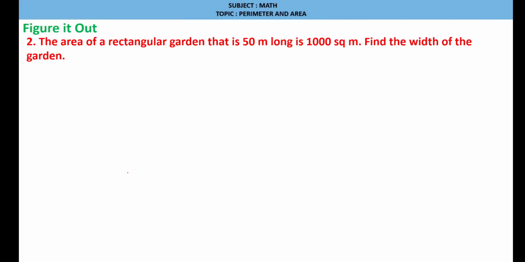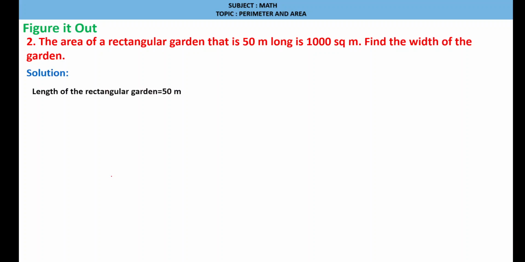Figure it out. Question number 2. The area of a rectangular garden that is 50 meters long is 1000 square meters. So, a garden is there, the length of the garden is 50 meters and the area is 1000 square meters. Find the width of the garden. Here we know the area, so we can find the width of the garden because L into B is equal to area.